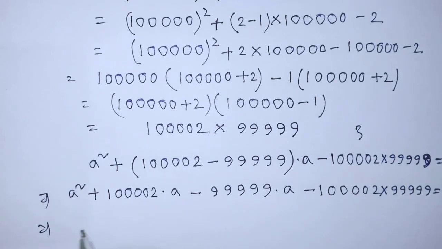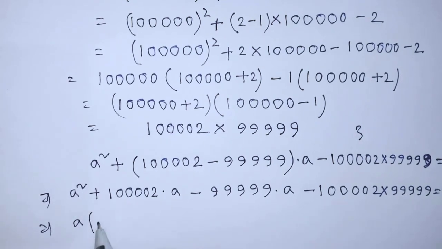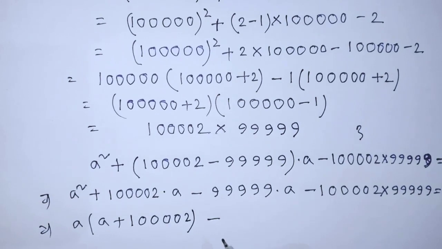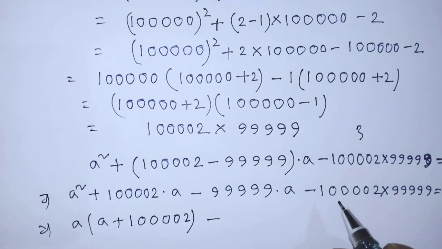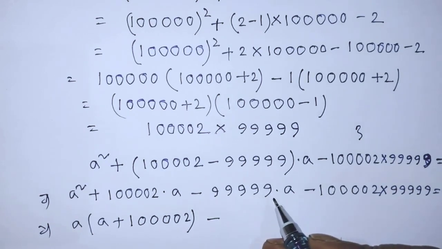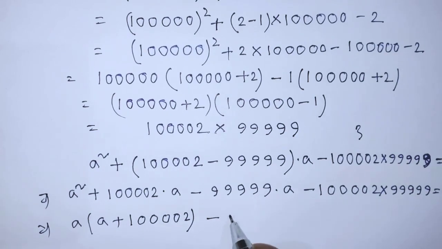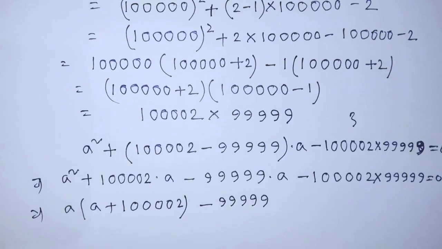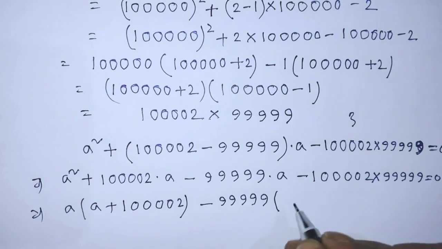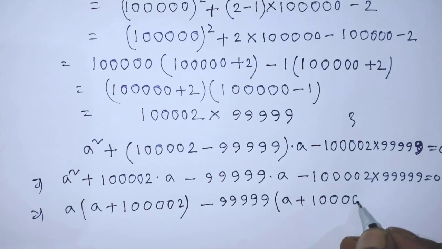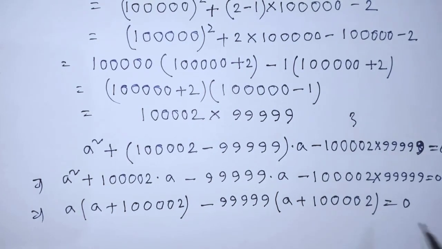So we can write a times a plus 1 lakh 2 minus, and in the last two terms the common factor is 99,999, so we can write 99,999 times a plus 1 lakh 2 is equal to 0.